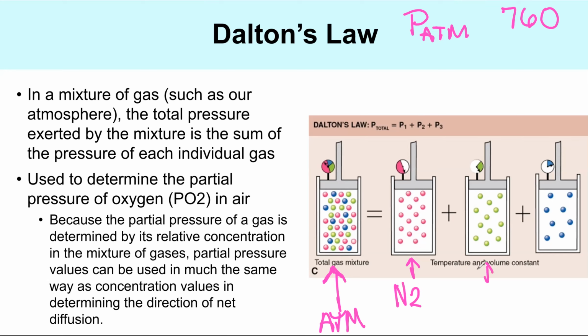This second, we'll say, is the pressure that oxygen contributes to the atmosphere. And then we'll just say that this last one is the pressure that carbon dioxide contributes to the atmosphere. And so when we add together the pressures that each one of these gases contributes, we get the total pressure, which is what you see over here. Okay.